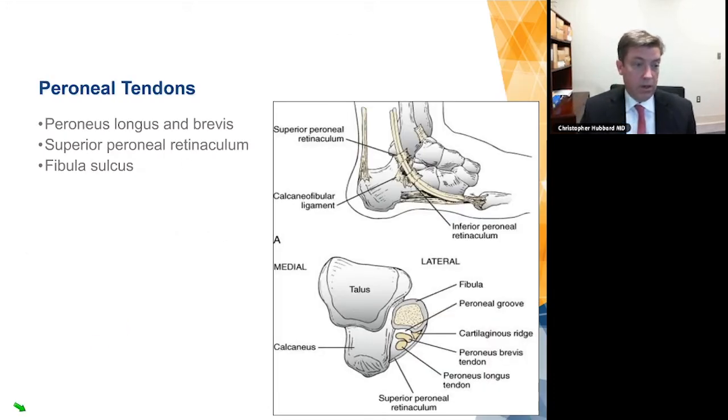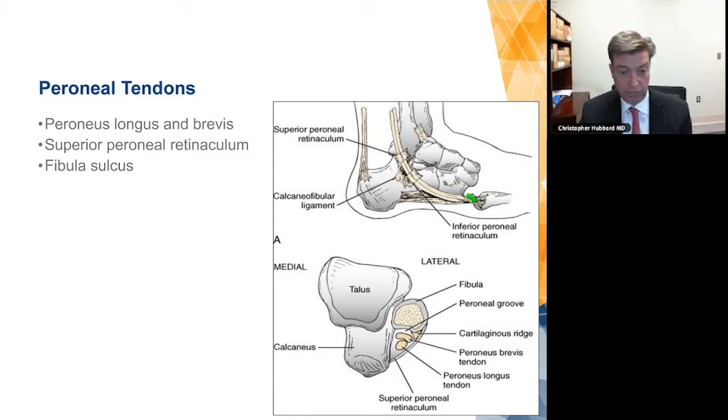So moving ahead to the peroneal tendons, the two peroneal tendons, muscles that originate along the lateral leg. The peroneus brevis attaches to the base of the fifth metatarsal. The peroneus longus travels behind the brevis and attaches underneath the foot, at the base of the first metatarsal.